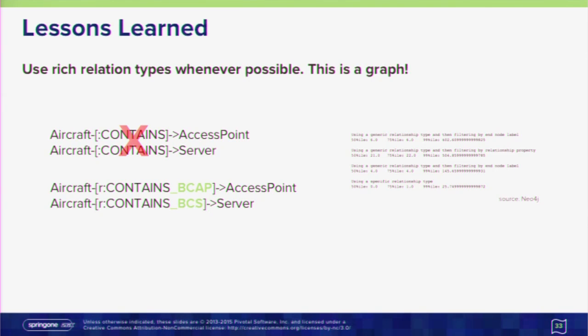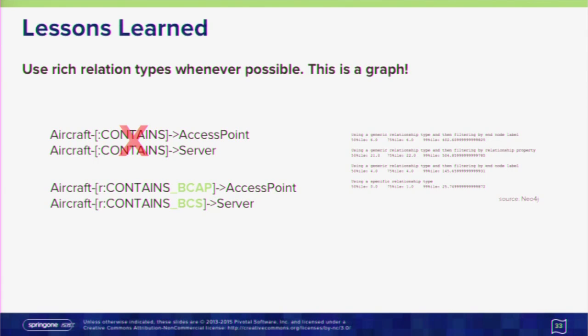If you have a graph and you say, well, everything contains another thing and that thing contains another thing, you effectively have anonymous edges or anonymous relations between the assets, and that is not helping from a semantical perspective. It is also not helping for the database because Neo4j can filter out relationships during traversal.